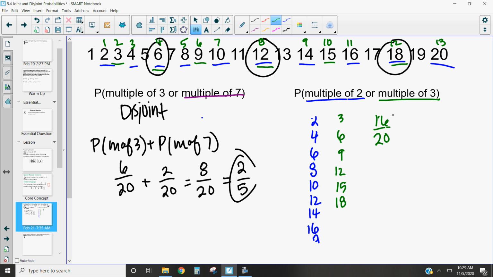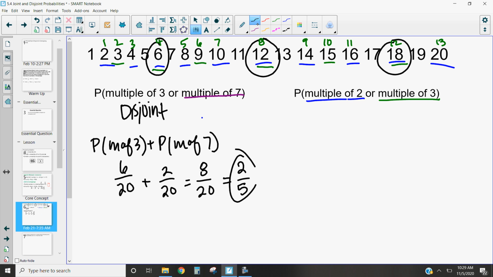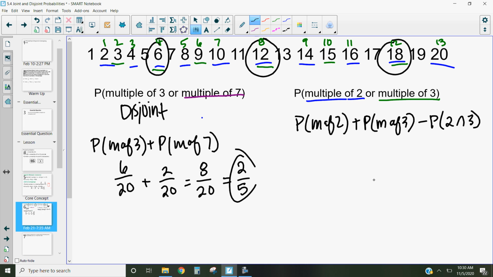And we want to make sure that we don't include them twice. So we have to subtract out the probability of getting those ones. So the probability of getting a multiple of 2 or a multiple of 3 is the same as the probability of getting a multiple of 2 plus the probability of getting a multiple of 3 minus the probability of getting a 2 and a 3 at the same time. Okay, so the probability of getting a 2, well, there's 10 of those.